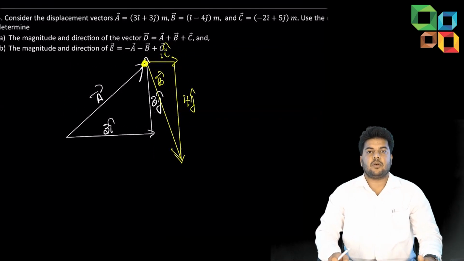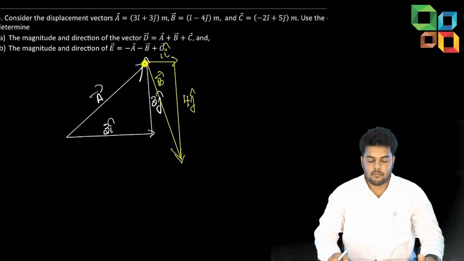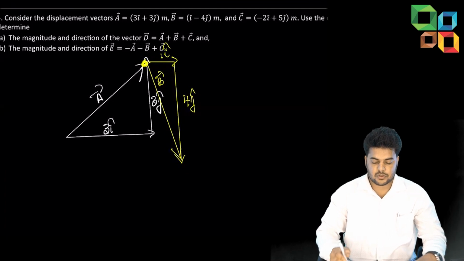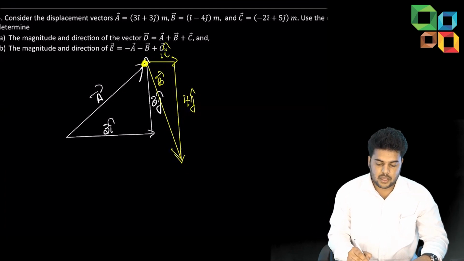Now C vector, what is C vector? Minus 2i plus 5j. So you come back by 2 steps, so this is minus 2i, and climb up by 5 steps.